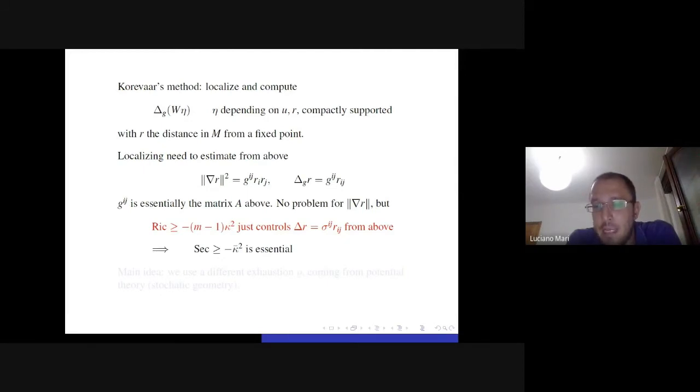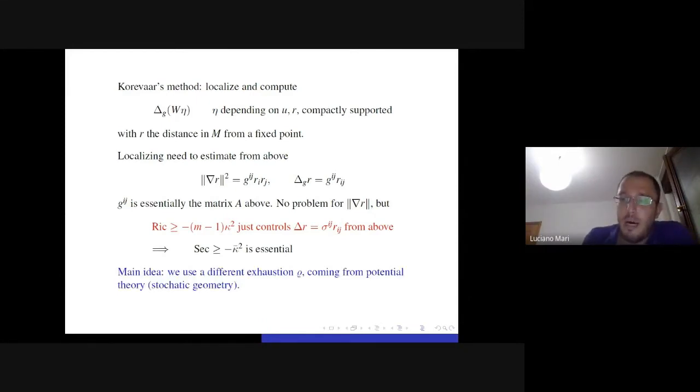So how can you estimate the Laplacian of R in the graph metric just without an assumption on Ricci? You need an assumption on the sectional curvature to estimate precisely the Laplacian of R in the graph metric. That's the point where the sectional curvature enters.